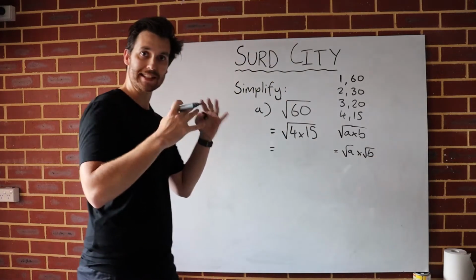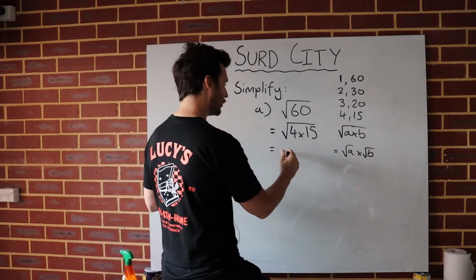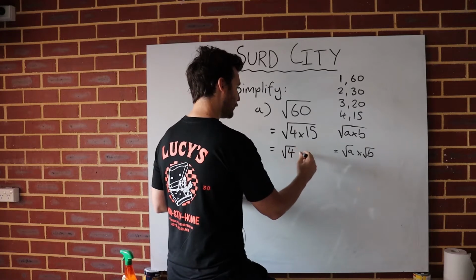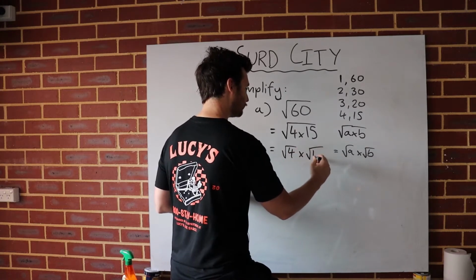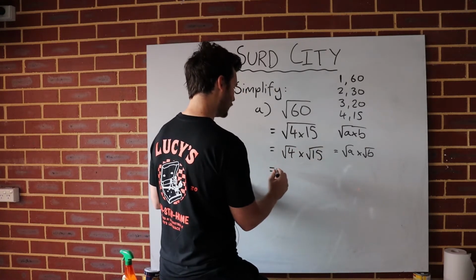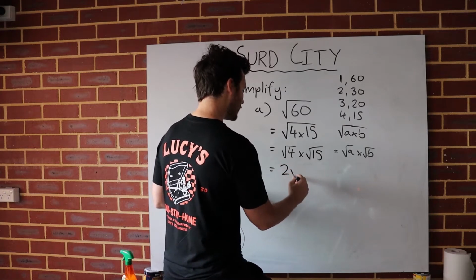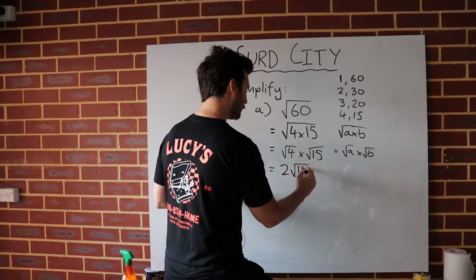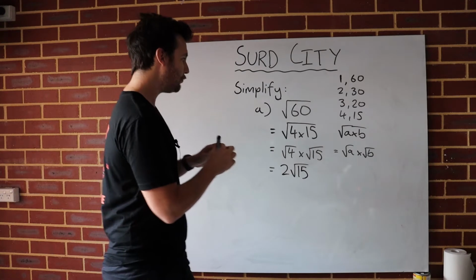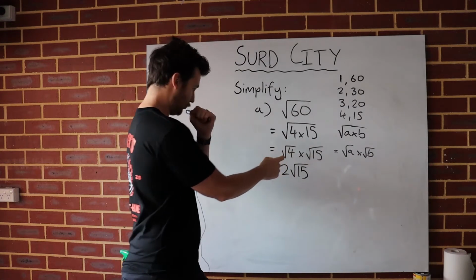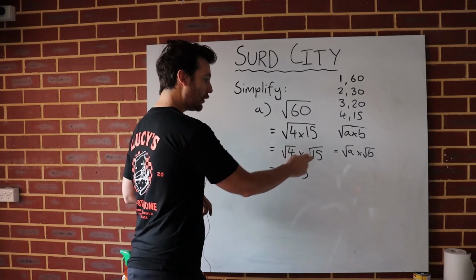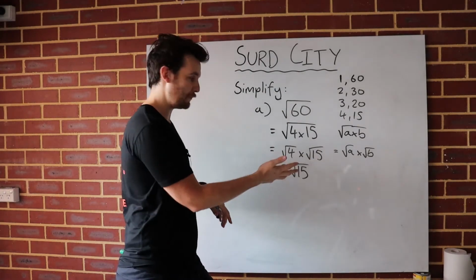So it's okay to separate them. That's totally within the laws of the Republic of Surds, which is a real place that I definitely didn't just make up. Okay, so what that allows us to do is split it up into the square root of 4 multiplied by the square root of 15.